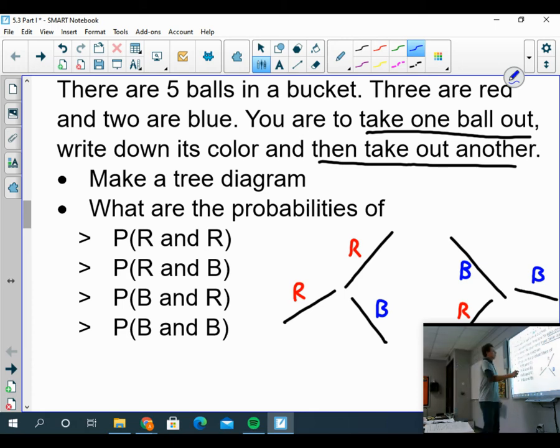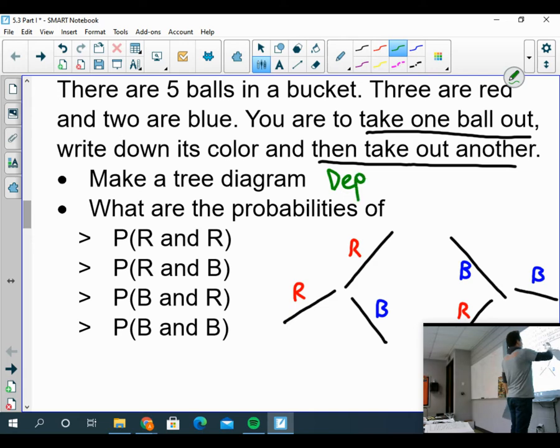Well, there are 5 balls in the bucket, okay? Now, what is important to remember is, are we replacing or not? They tell me there are 5 balls in the bucket, 3 are red and 2 are blue. We're taking 1 ball out, then taking out another. This is a form, if you think back to 5.2, of dependent probability, right?